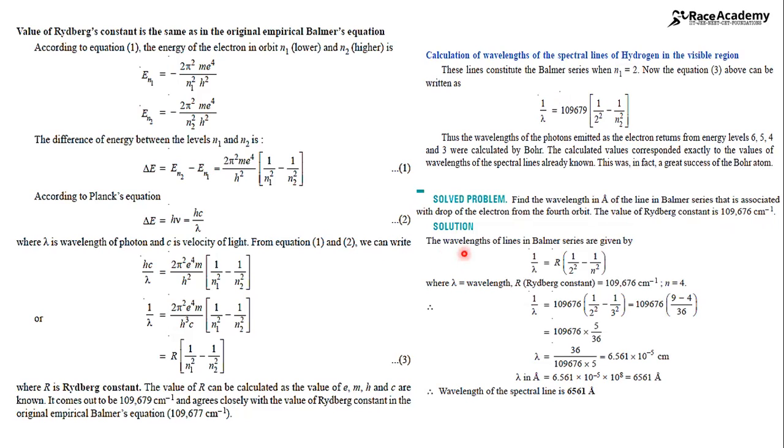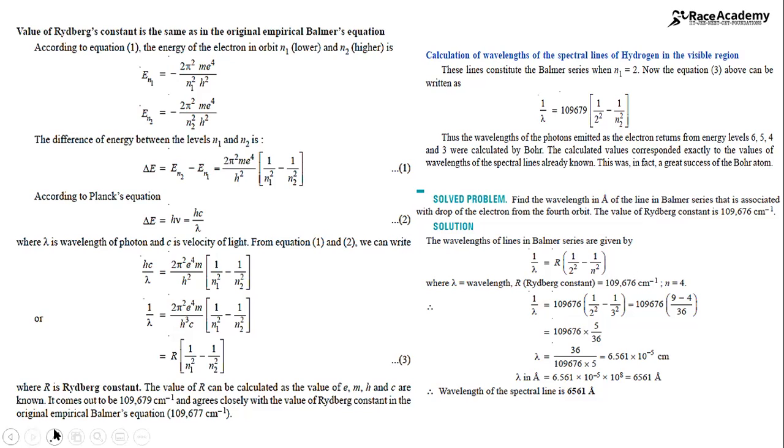Okay, the wavelength of lines of Balmer series formula we have. This is the formula. In this formula, they told 4th orbit, means n2 value is taken as 4.